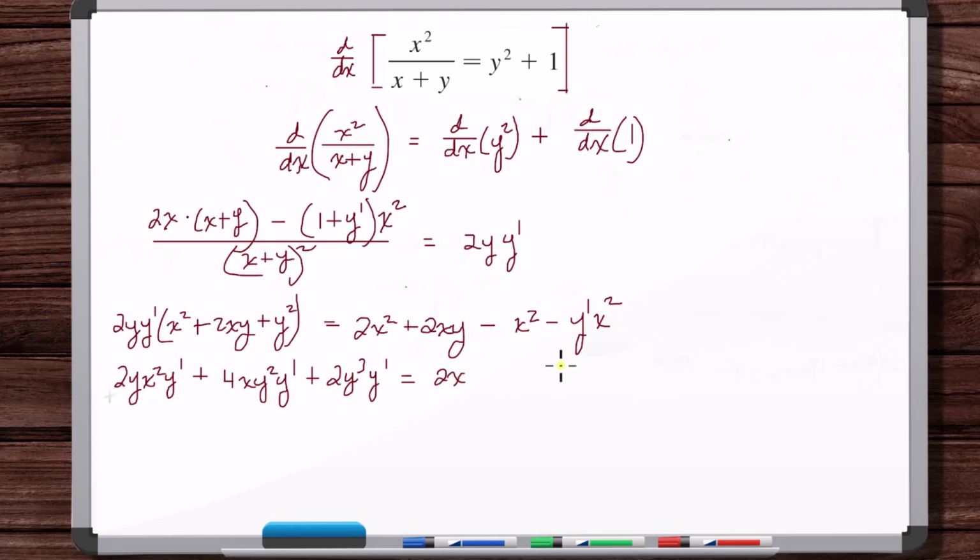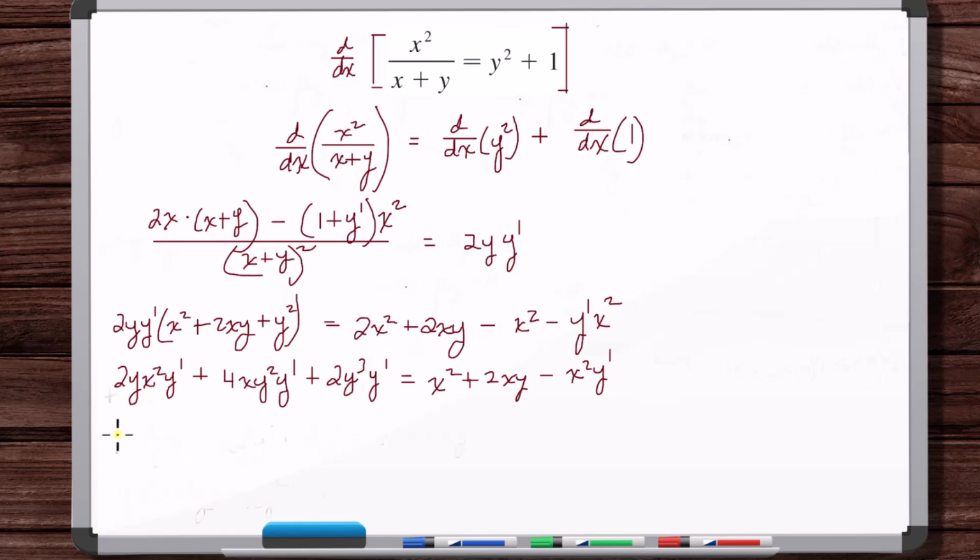Well, we've got 2x squared minus x squared, which is just x squared, plus 2xy minus x squared y prime. Now let's bring all the y prime terms to one side.